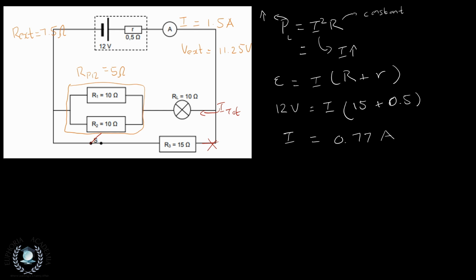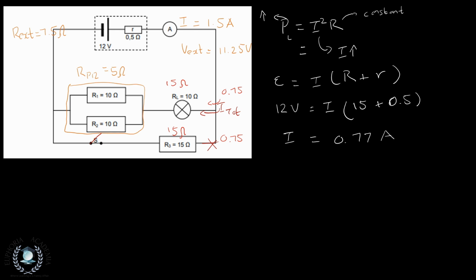Before, this I was split between the two parallel branches, because we essentially had the same resistance. We had 15 ohms in the first branch and a total current of 1.5, so you divide that by 2: a current of 0.75 going there and a current of 0.75 going there.